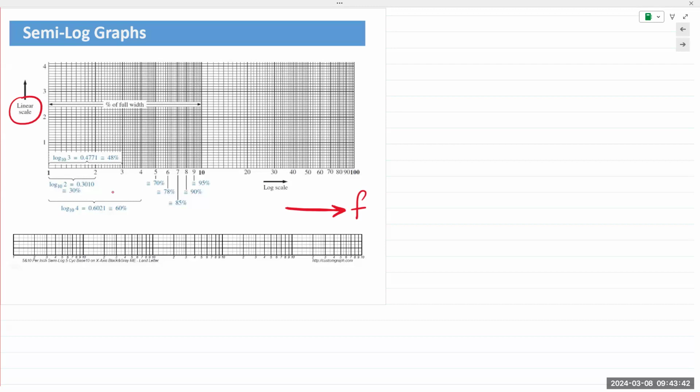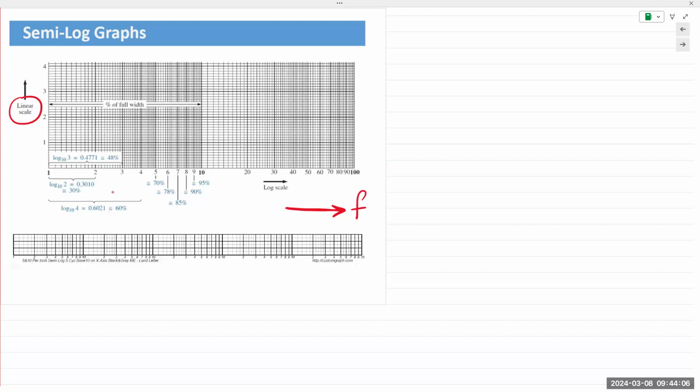Since the y-axis is on the linear scale, it is known as a semi-log chart or semi-log graph paper. The actual physical distance between each of these divisions is on the order of log of 2, log of 3, log of 4, and so on. There is no 0, obviously, on the log scale. So the way you would use this is with a multiplier: 10 raised to 1, 10 raised to 2, 10 raised to 3.